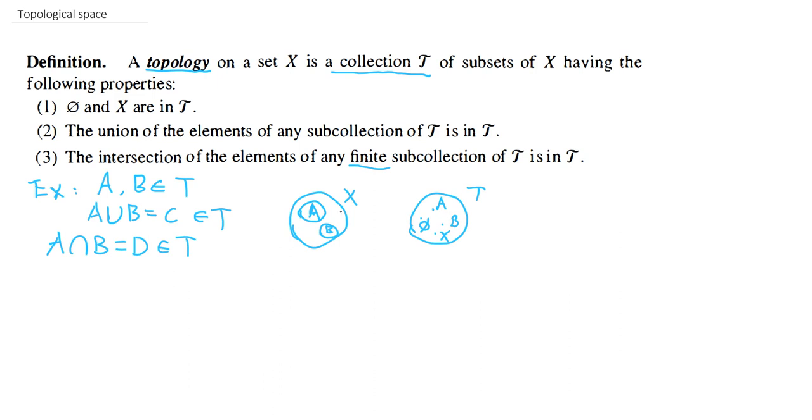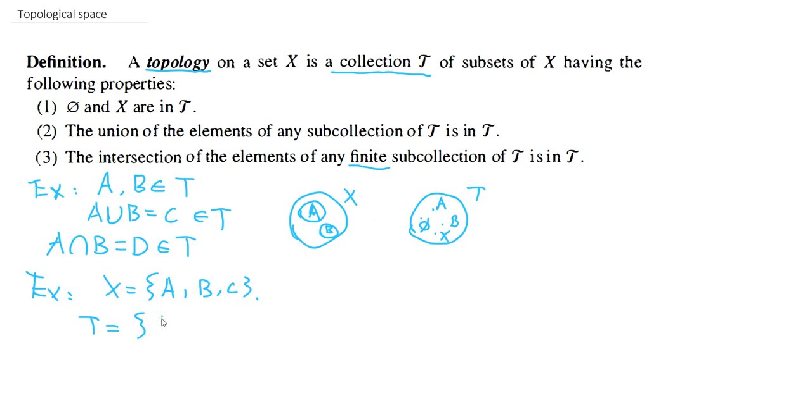And okay, we can look at an example about the topology. For example, we have X. The X has the elements A, B, and C. Then we have a collection T like this.